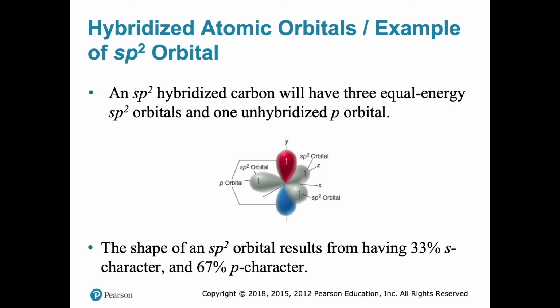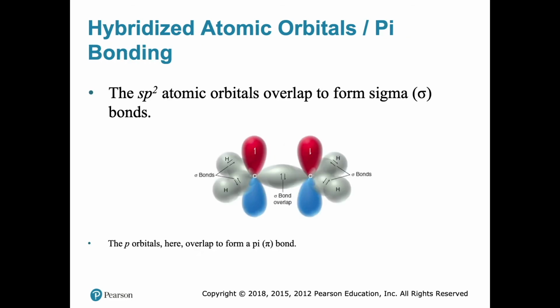And something tells me I kind of jumped the gun. And I did jump the gun, because that's exactly what this shows. See? I tend to explain things before the picture actually comes up. So notice, here's the hydrogen that's forming a bond with the sp2 hybridized orbital of carbon here.